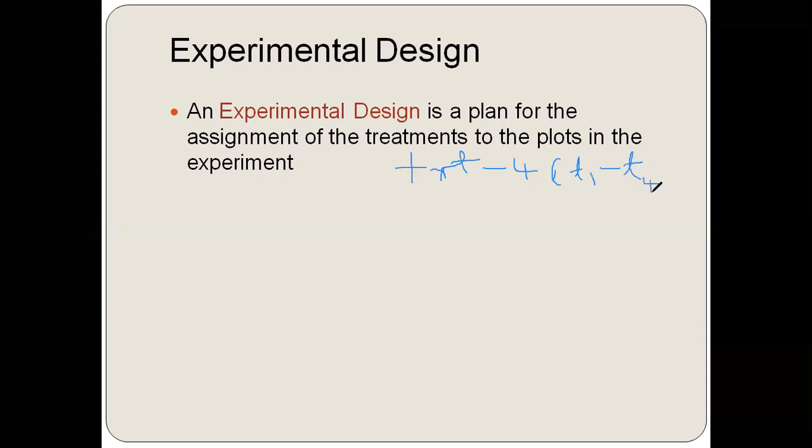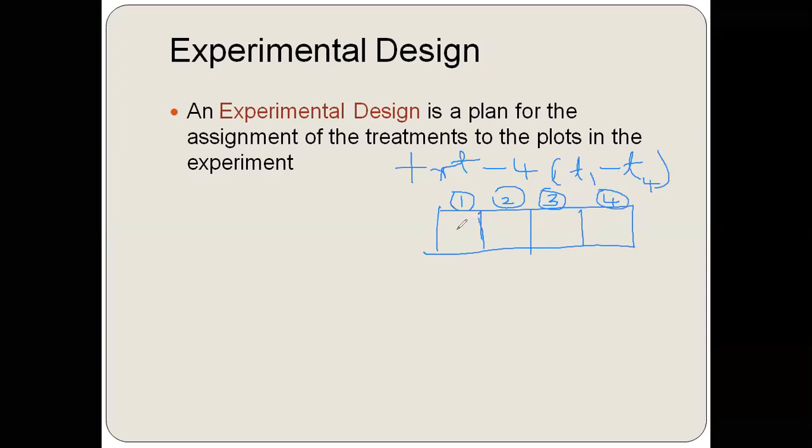That means T1, T2, T3, T4, 4 treatments are there. Now let's say I have 4 plots, 4 experimental units. So this is the first experimental unit. This is the second experimental unit. This is the third experimental unit. This is the fourth experimental unit.